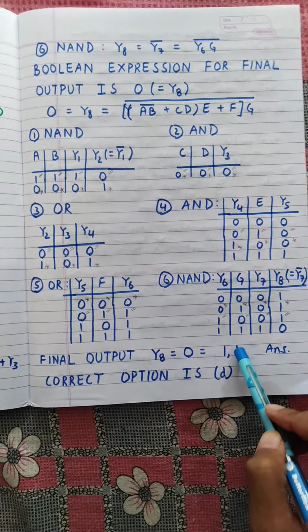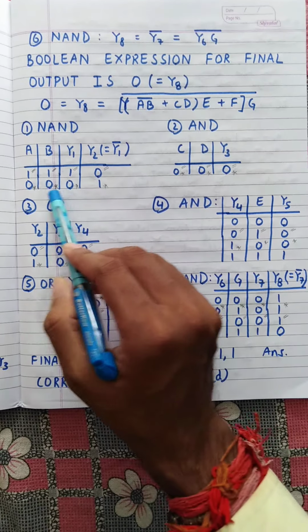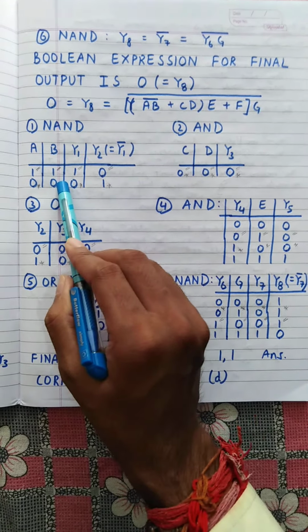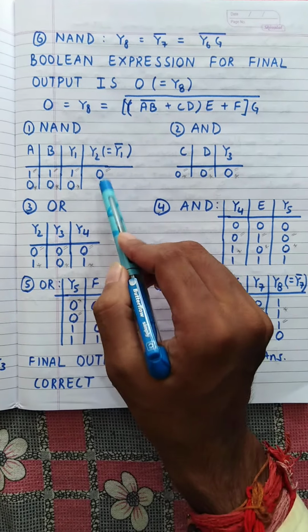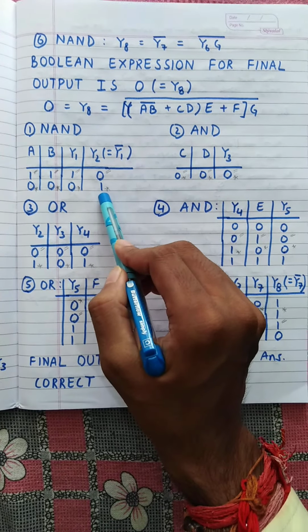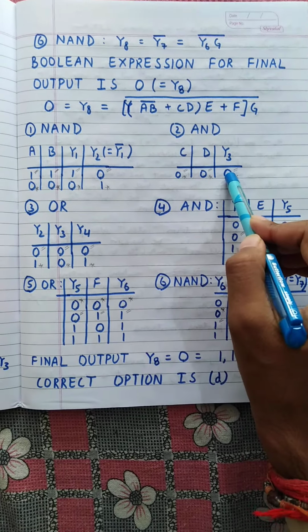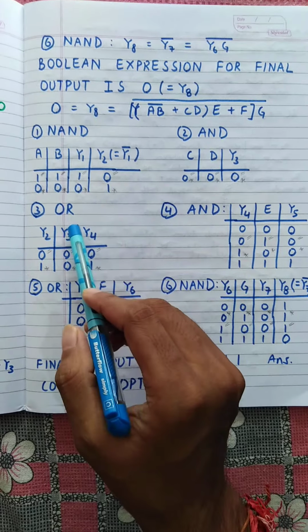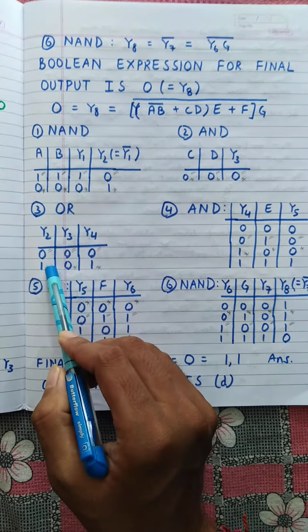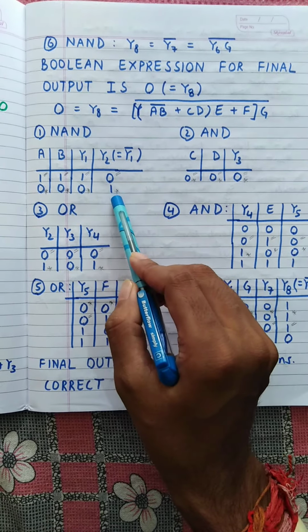Now for the second case, what will be the final output? In the second case A and B are now both 0, so y1 is 1, and y2 is 1. We have to remember this, y2 is 1 now. Now C and D again in the second case are both 0, so y3 will be 0. Now the output of the second gate goes to the input of the third gate, the OR gate. Here y3 we choose as 0 and y2 we choose as 1.